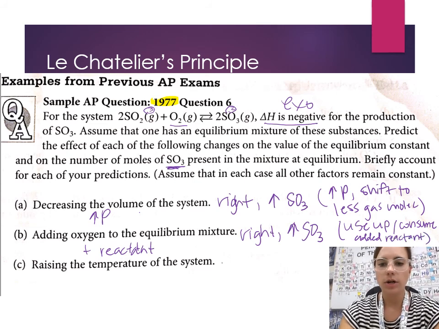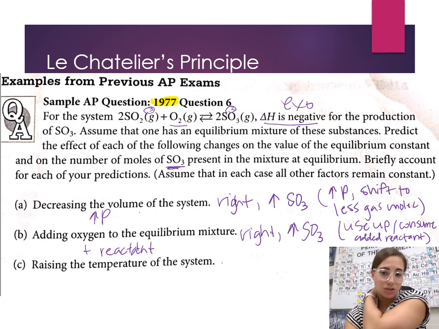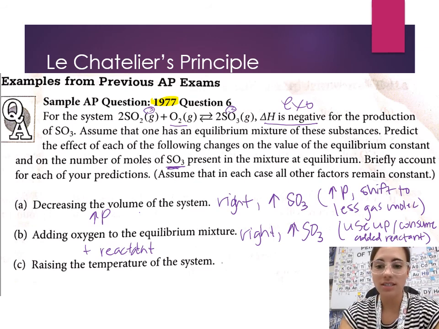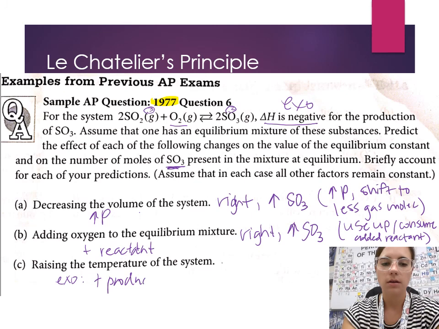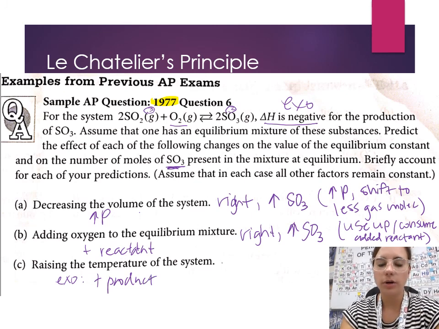All right, last one. If I increase the temperature, delta H is negative, so it's exothermic. So if it's exothermic, increasing the temperature is like adding a product. So that's actually going to shift this to the left, which is going to decrease the amount of SO3 since it's a product.